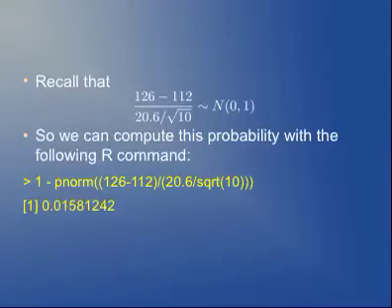That gives us a p-value, which we'll talk about later, of 0.02. What that means is that there's approximately a 2% chance that, given that the population mean is 112, we would collect a sample that has a mean of 126. So it's not very likely that the mean of 10 babies picked at random would be greater than 126 ounces.